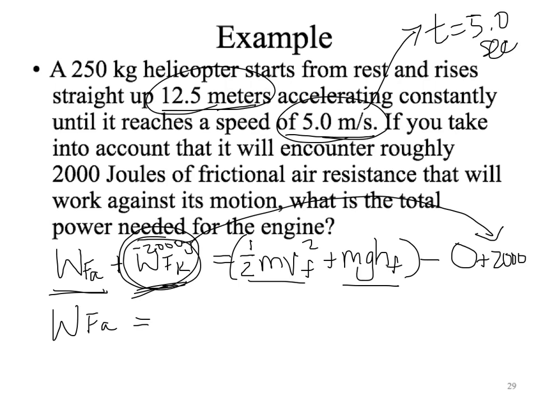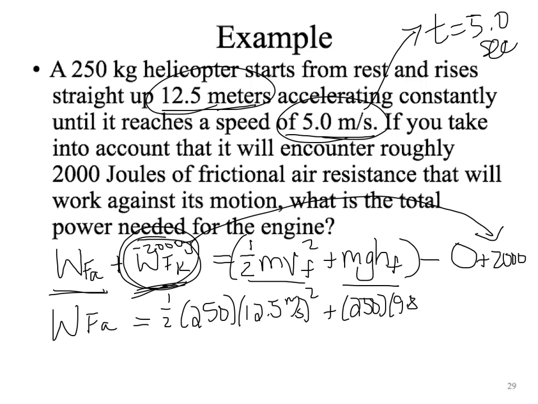So I get a 250 kilogram helicopter. I'm going to get it up to 12.5 meters per second, square that. Oh, gosh, I cannot believe I did that wrong. I am so sorry.